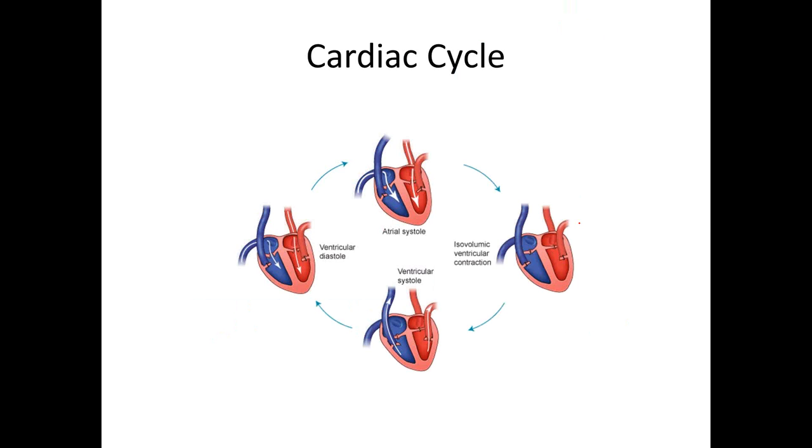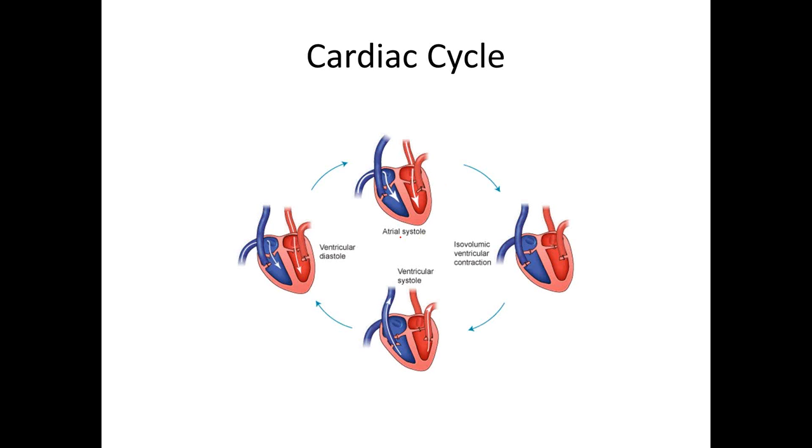Okay, come on to something now called the cardiac cycle. It's important to understand, and I hope the diagram shows you, that the heart doesn't contract independently. The two sides of the heart contract at the same time, in coordination.